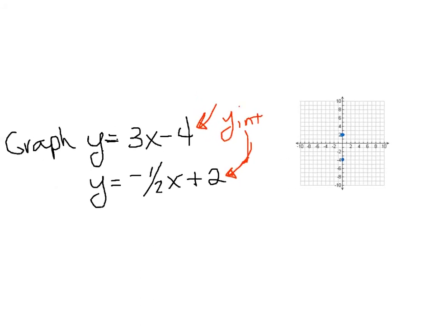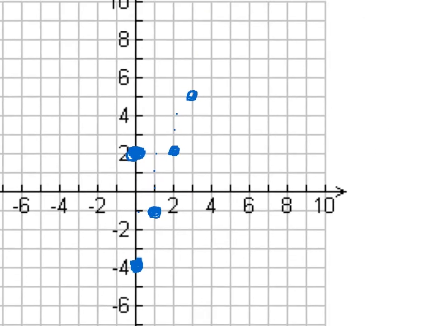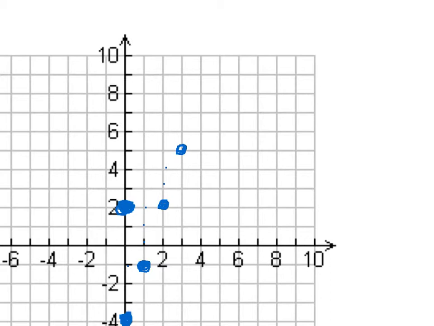Okay. And then we want to look at the slope. So the slope for the first line is 3, or 3 over 1. So from the negative 4, I want to go up 3 to the right 1, up 3 to the right 1, up 3 to the right 1, slope of 3.